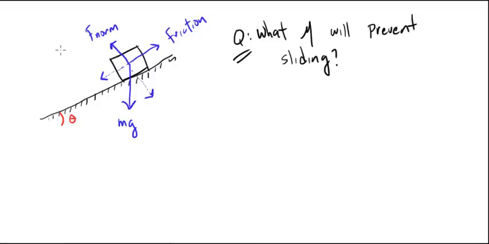And since this angle here is theta, same as this angle, these angles are equal. That means that this here is mg cosine theta, and this is mg sine theta. I'm going to erase that so that it doesn't clutter the picture. We've split it up into its components and we can ignore it now.